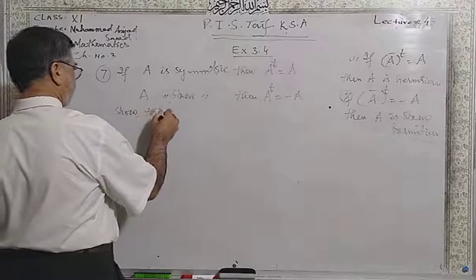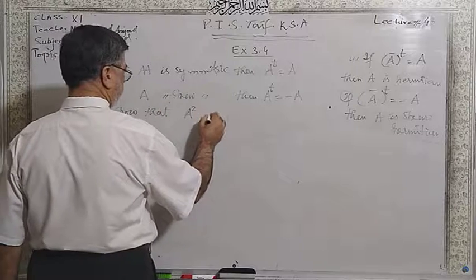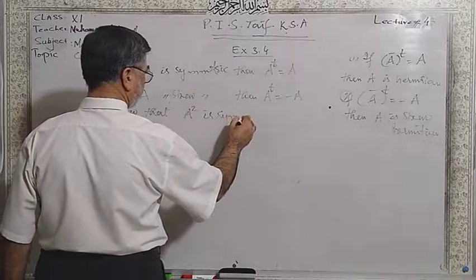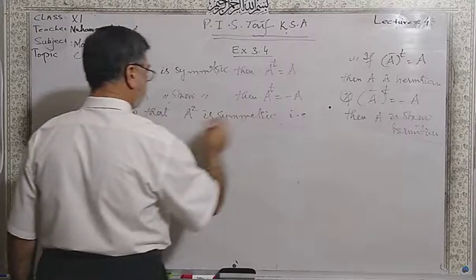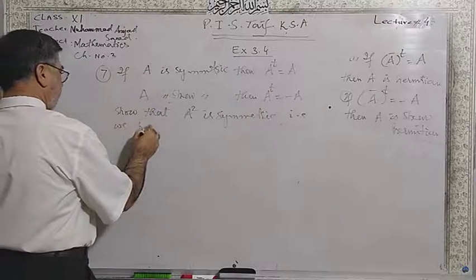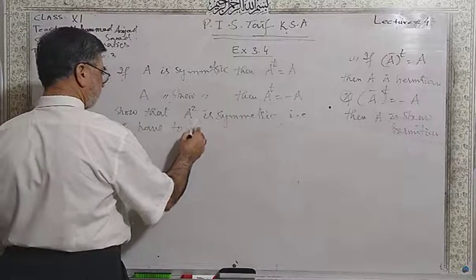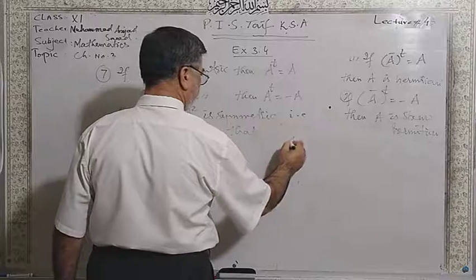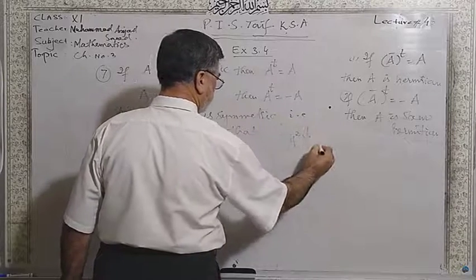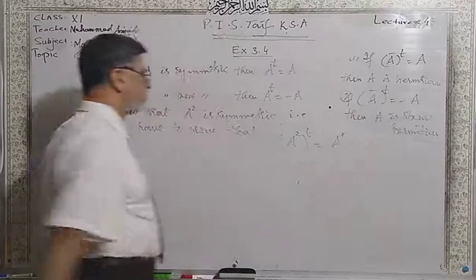That is, we have to prove that A square transpose is equal to A square.